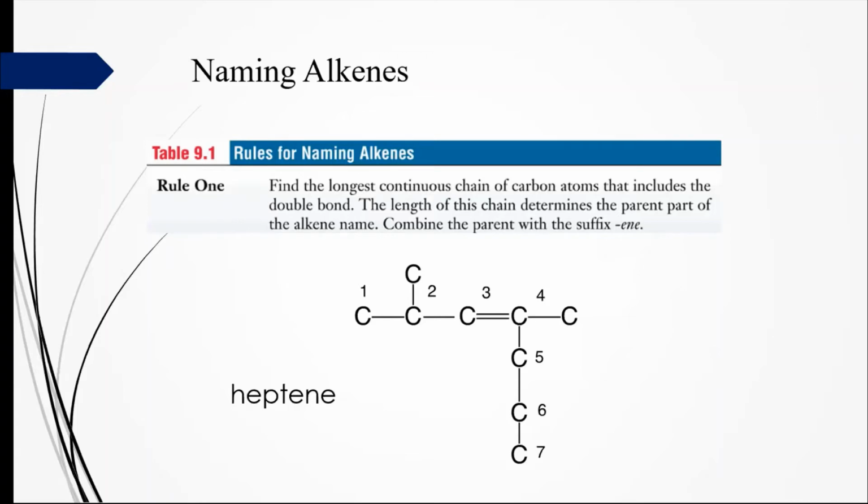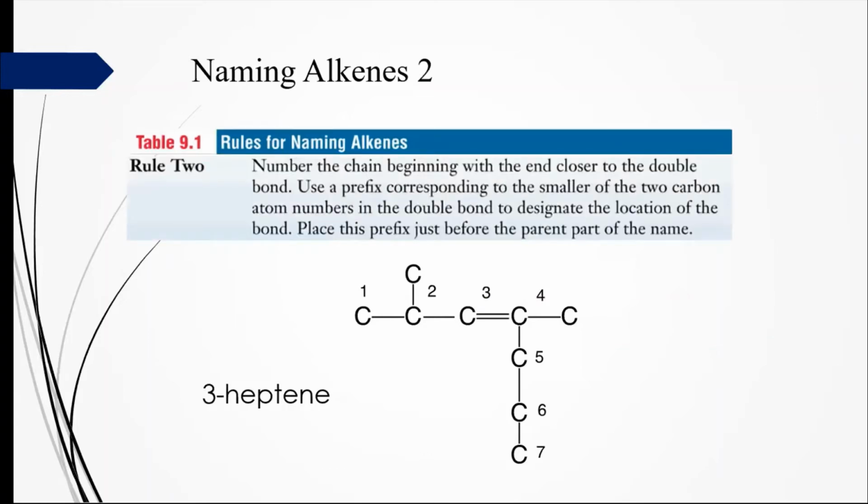Right now, our longest carbon chain, 1, 2, 3, 4, 5, 6, 7, has the double bond between number 3 and number 4. And so we'll use the smaller one first. That's how you know which direction it should go. So we name this as 3-heptene. Hep came because our largest chain was 7. Ene is because we have a double bond, and the 3 is telling us where that double bond is.